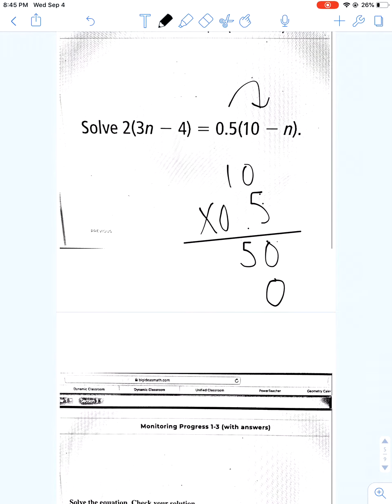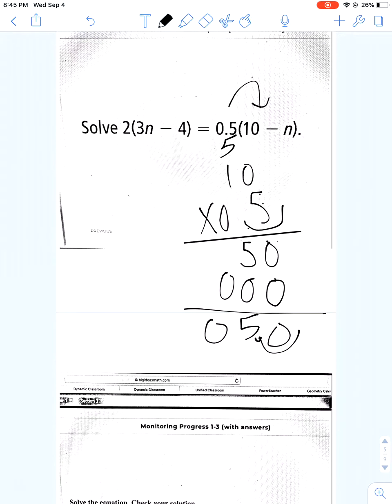Bring a 0. 0 times 0 is 0. 0 times 1 is 0. Add it all together: 0, 5, 0. I've got one decimal spot, so I move it over 1. So this ends up being 5.0n. And then this is just negative 0.5n. You can do the rest if you want, but I'm just going to leave that there for you.